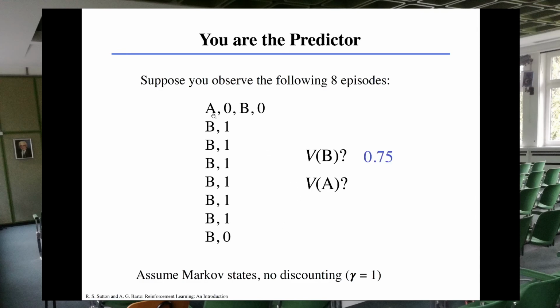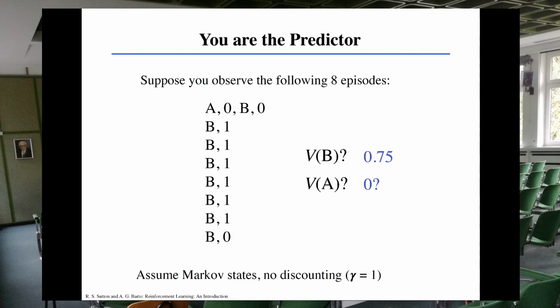And what happens with state A? If we calculate it in the same way, we have visited state A only one time, and the reward was 0. So if we apply the same strategy to estimate the value of A, we will say that the value of A is 0.